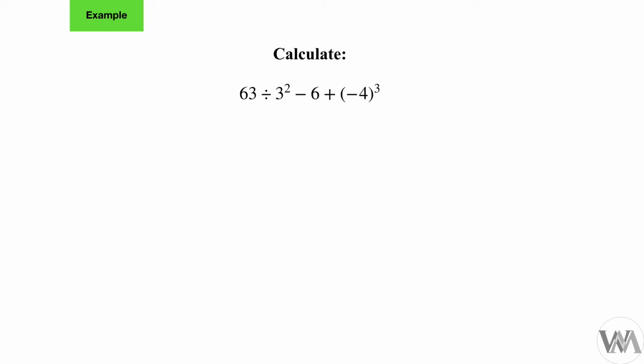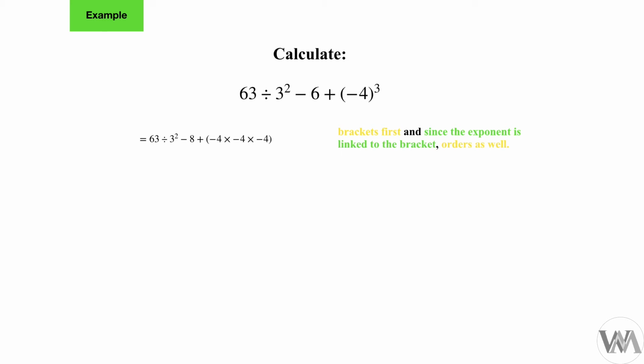Our next example is to calculate 63 divided by 3 to the power of 2 minus 6 plus brackets negative 4 to the power of 3 outside of the bracket. So our first step here is to expand the bracket with the exponent. So we're going to do, again, our brackets first. And again, since the exponent is linked to the bracket, the order as well.